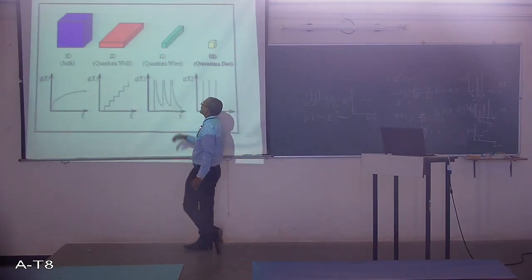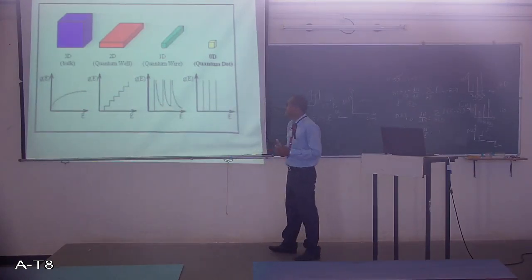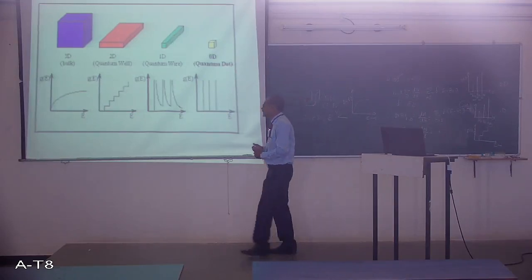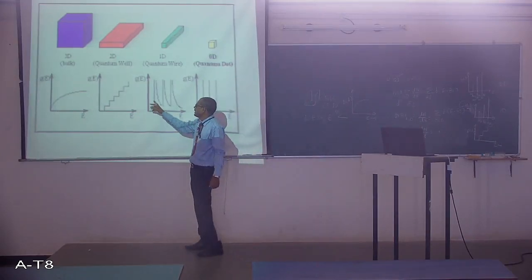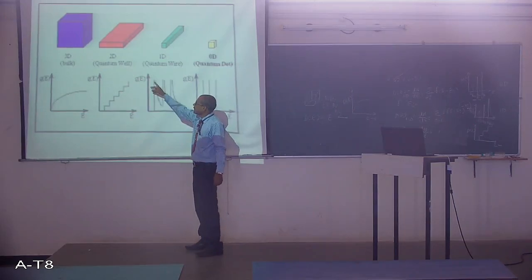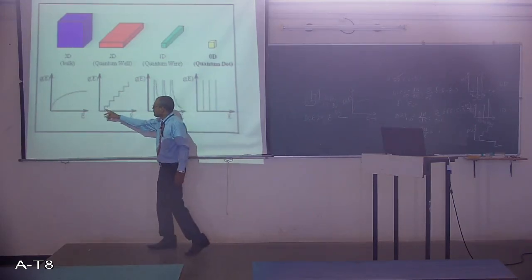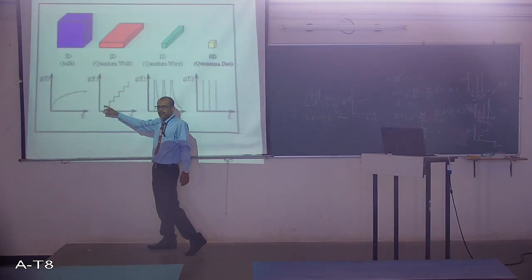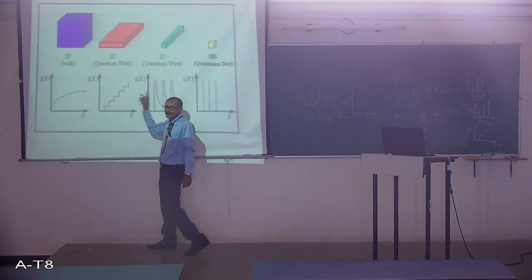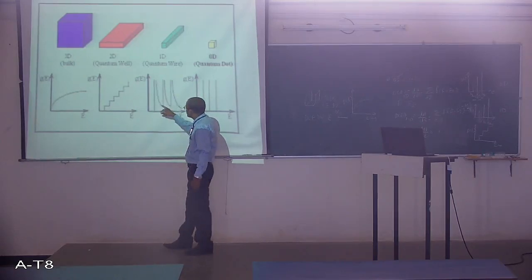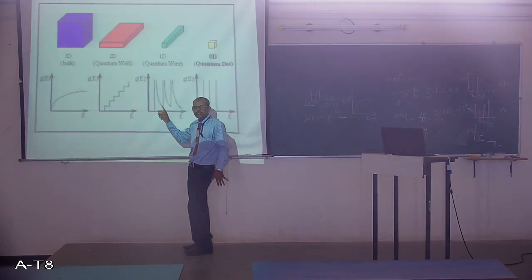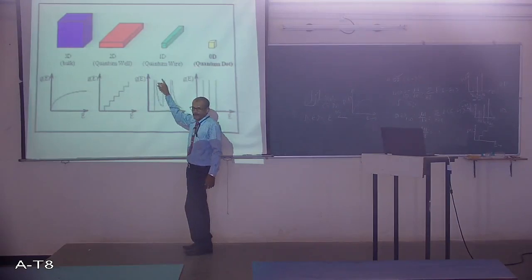So in the case of one-dimensional quantum wire, at E1 level, here the maximum, see here, it increases. In between the quantum numbers, the density of states in the case of quantum wire decreases. Once it reaches the second quantum number, that is the next higher energy level, the first excitation level, again the density of states increases.